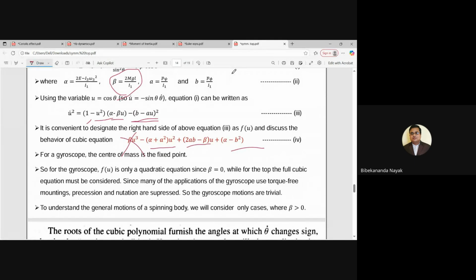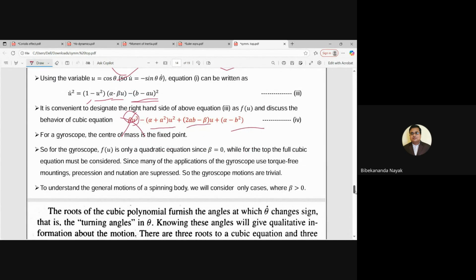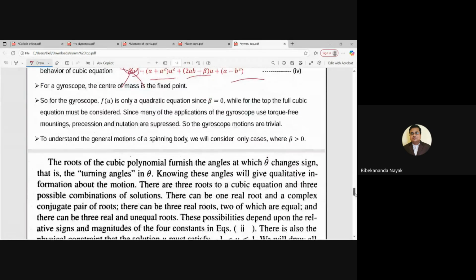L is the distance between the center of mass and the fixed point. If the center of mass is the fixed point, then L is equal to 0, so beta is equal to 0. So this term vanishes. We have a quadratic equation for a gyroscope. And to understand, you can solve this quadratic equation.